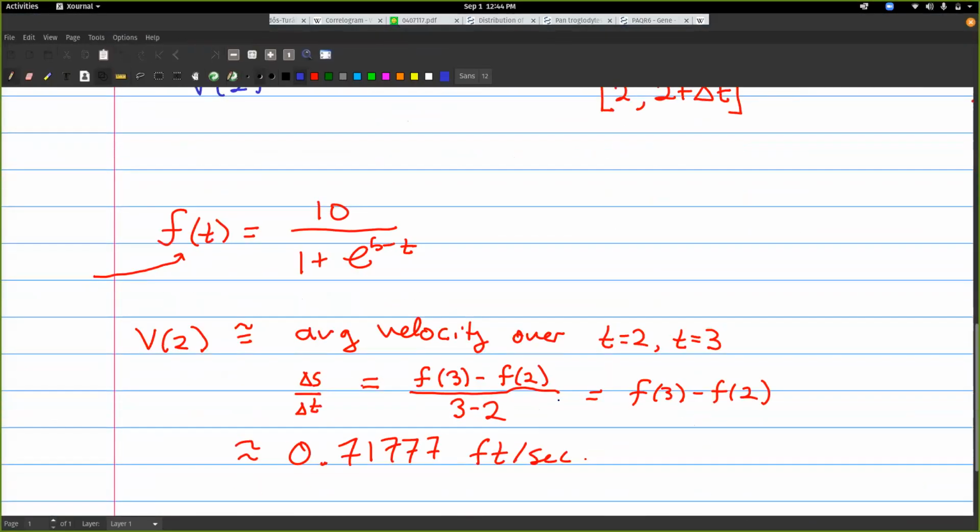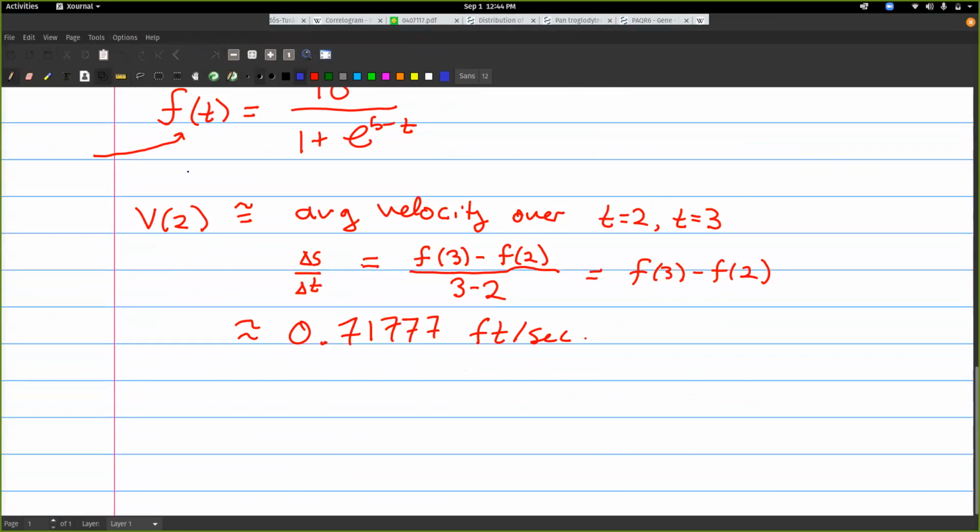So if you want to improve this, instead of taking the average velocity over t equals 2 to t equals 3, we'll do the same thing, average velocity. But instead of t equals 2 and t equals 3, we'll do t equals 2 and t equals, how about 2.25? Okay. So we can compute this exactly the same way as before.